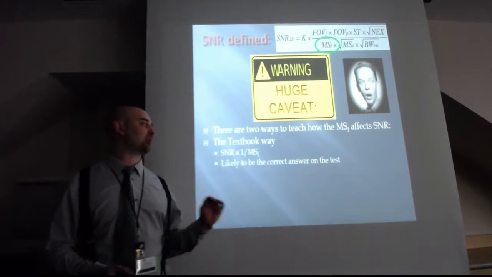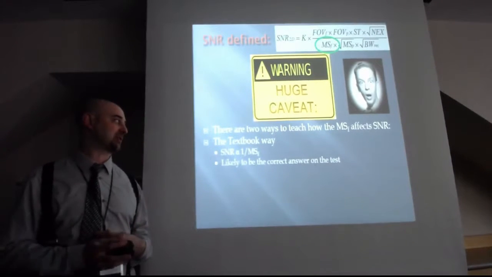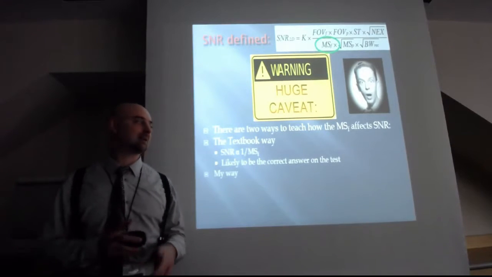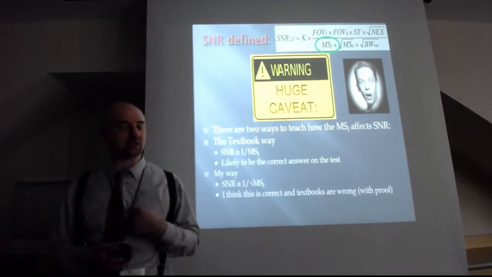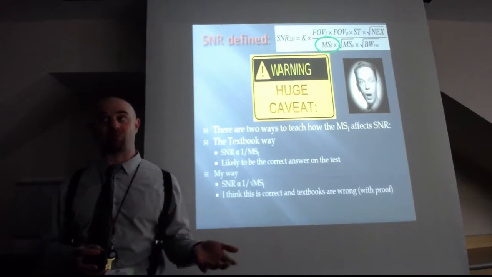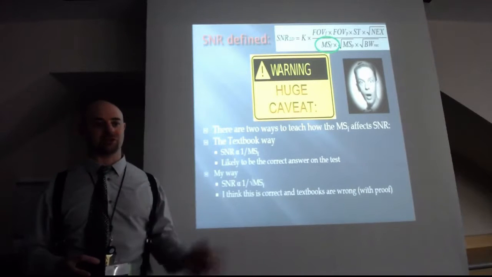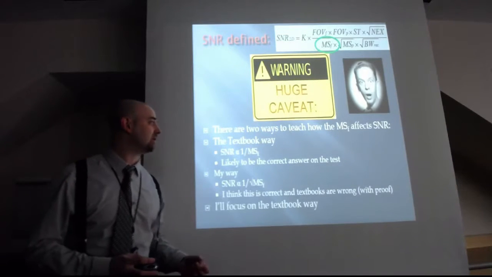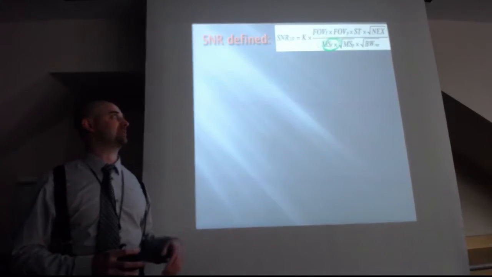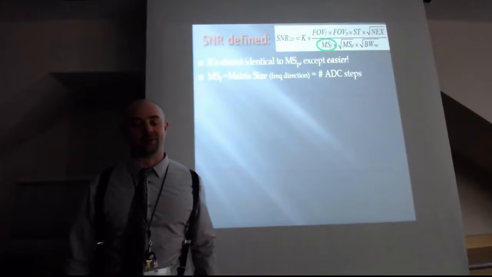There's the textbook way, which is that it's an indirect relationship, which is likely to be the correct answer on your test. But there's the way that I think of it, which is that it should actually be the square root. I think I have proof for this, but it's not something that is going to really help you in the real world. So I'm going to focus on the textbook way, and then maybe if people want to talk about it later, I can tell you why I think it's the other way.